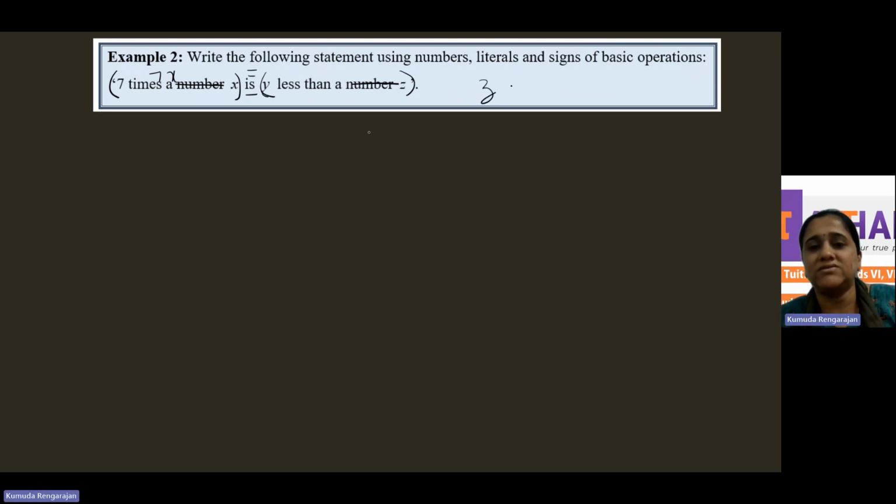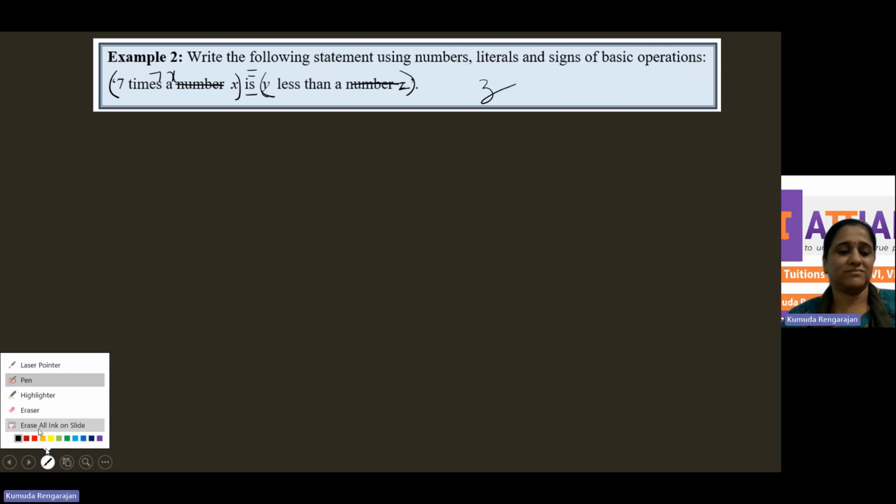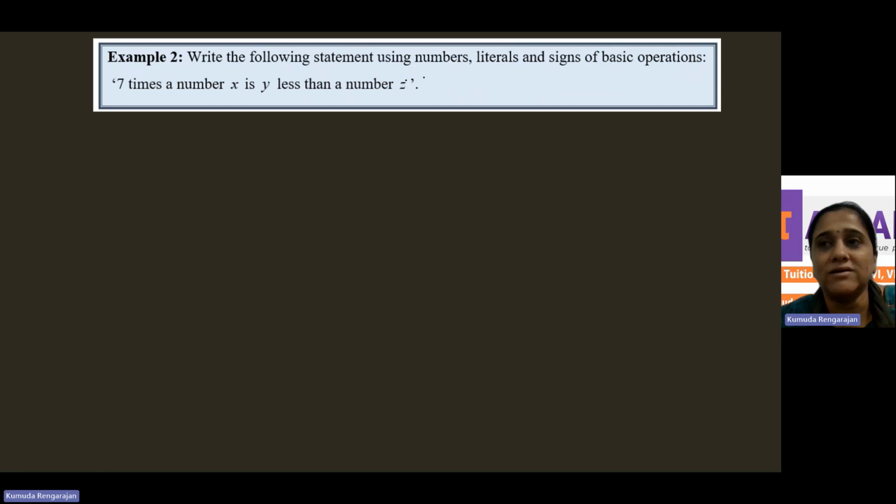Okay, if you pronounce it as z, then it is z. You can't change because it's given z here. Oh, this one, okay. This one is z.